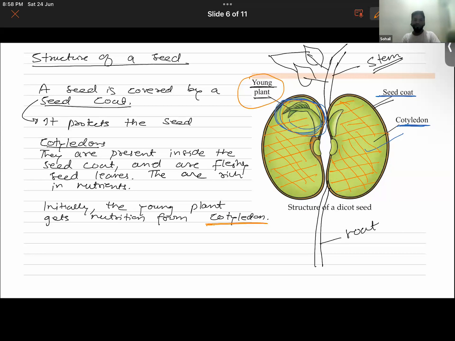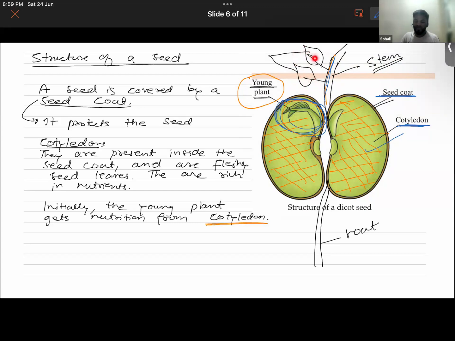Okay. Now, after the food from the cotyledon is completely used up, the young plant will prepare its own food by the process of photosynthesis. So it will slightly start to grow, the stem will start coming out of it, leaves will come out of it, and we know that the leaves of plants can perform photosynthesis.